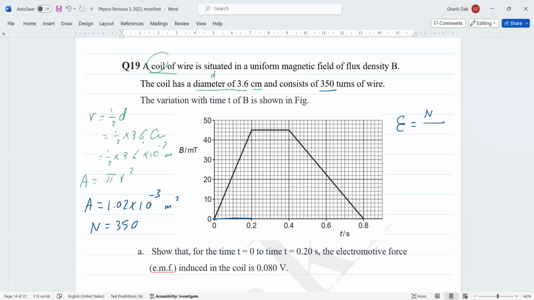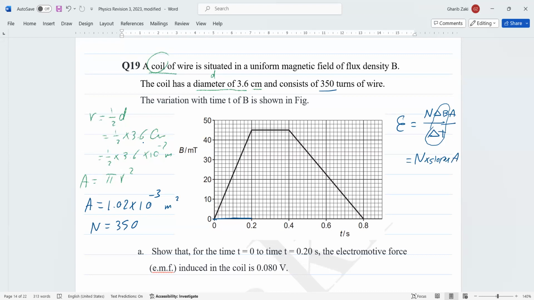EMF is N delta B A by delta T. Why? Because the given is the change in flux density with time, so delta B over delta T is the slope. So it's N multiplied by the slope, multiplied by the area.